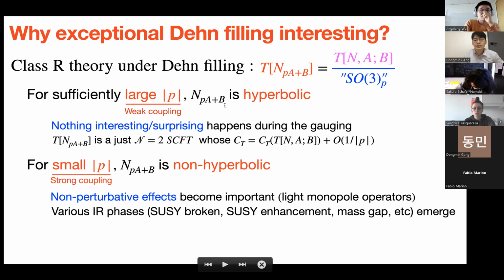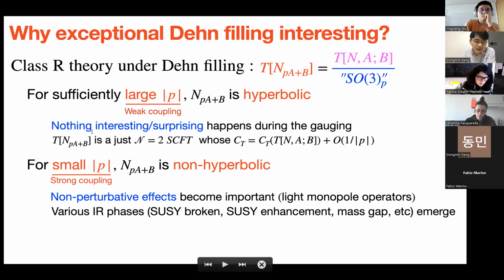And then we expect that nothing interesting or surprising happens during the gauging, because in the geometric side, this just becomes another hyperbolic manifold. And it turns out to be true that nothing interesting happens. This is also expected from the field theory point of view, because this corresponds to weakly coupled theories.